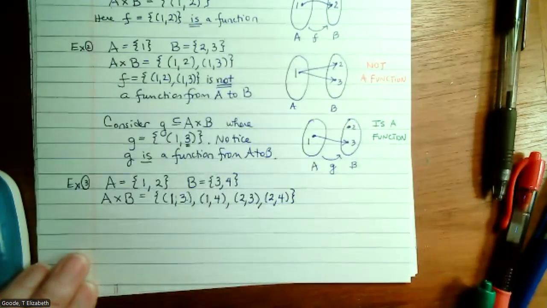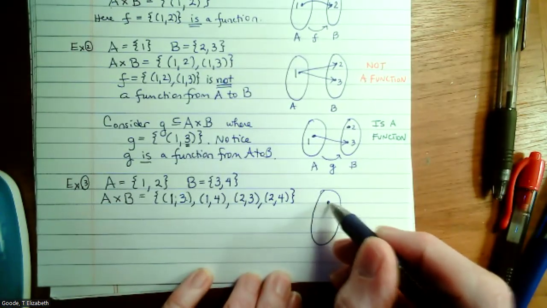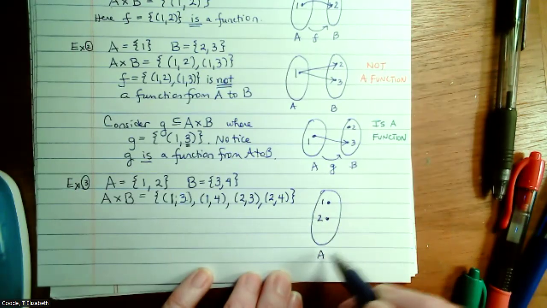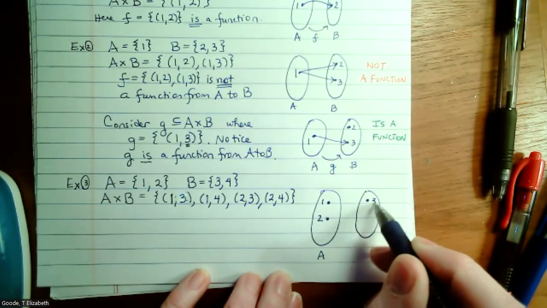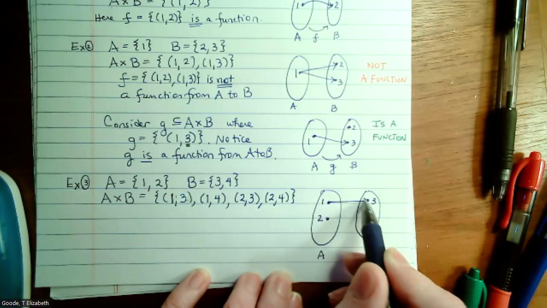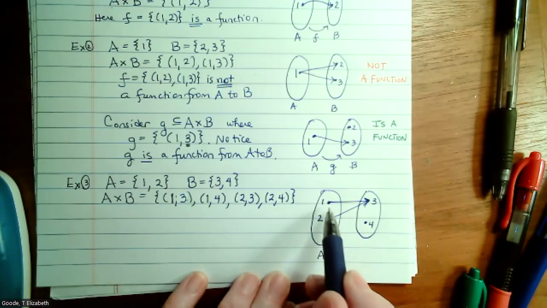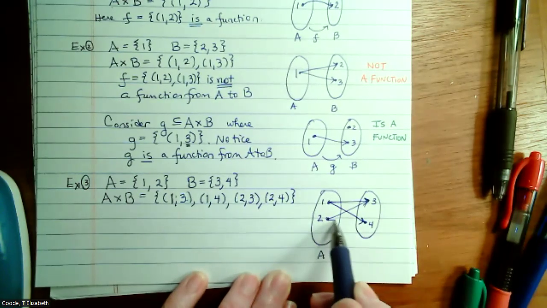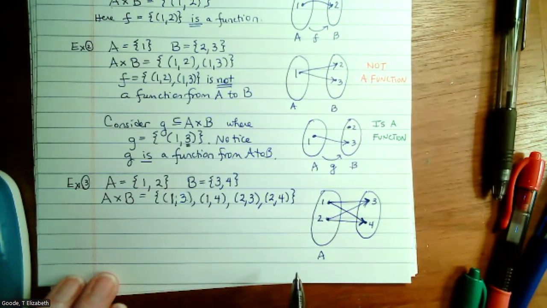It's not a function though, because we would be having two images for each of these elements of A, and that's not allowed. It would be okay if 1 mapped to 3 and 2 mapped to 3. That would be a function, but that's not what's happening here. 1 maps to both 3 and 4, and 2 maps to both 3 and 4.